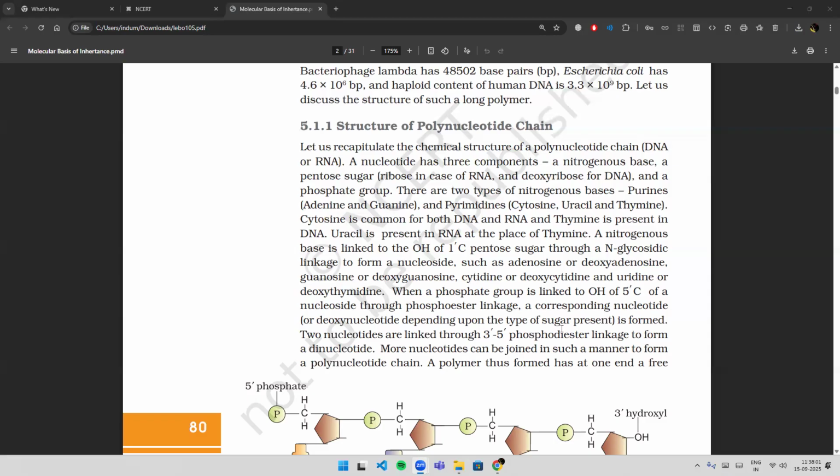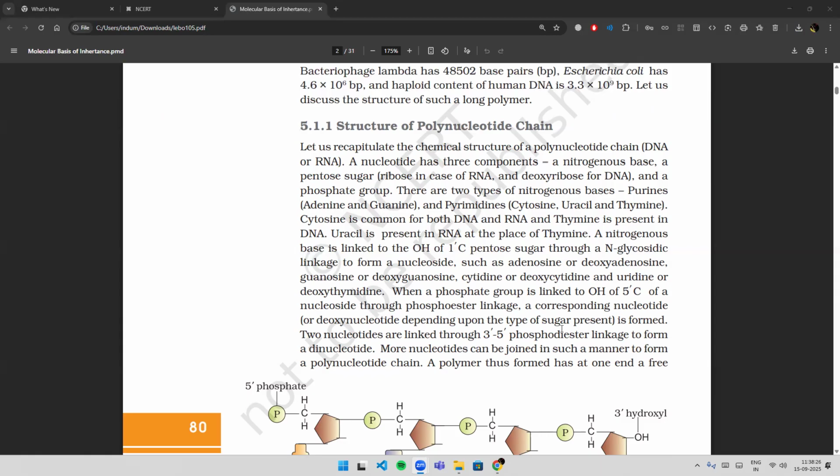There are two types of nitrogenous bases, purines, adenine and guanine, and pyrimidines, cytosine, uracil, and thymine. Cytosine is common for both DNA and RNA, and thymine is present in DNA. Uracil is present in RNA at the place of thymine.